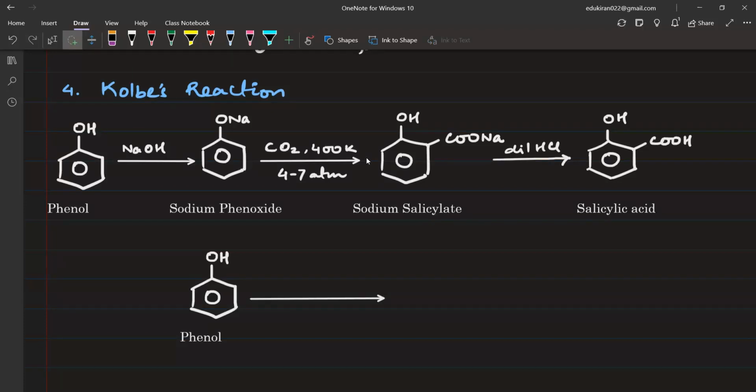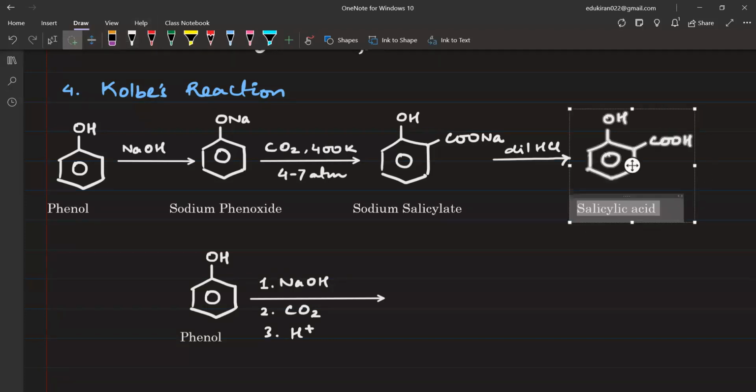You don't need to remember anything. Rather, a 2 or 3-step reaction. First of all, you are going to add NaOH. Second step, CO2. Third step, H+. That's it. You will get salicylic acid. This is the Kolbe reaction.